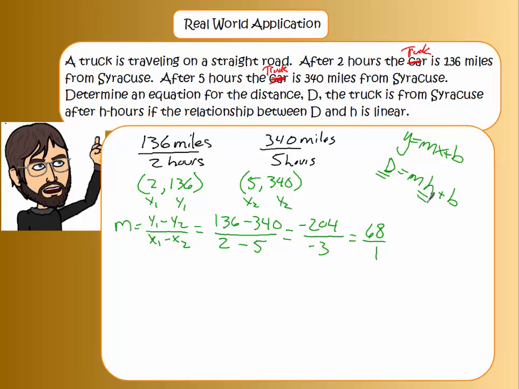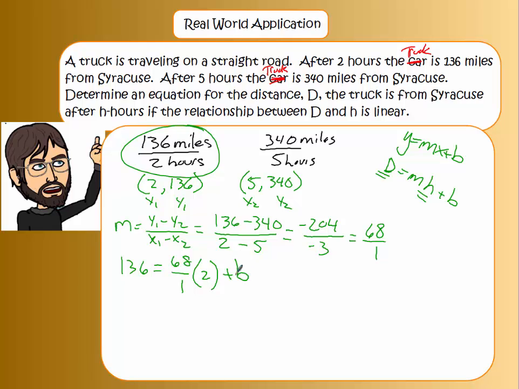Either way, I needed to find the slope and the intercept here. So let's use one of these points and plug it in. The distance of 136 miles, and the slope here is 68 over 1. I'm using this point here, 136 miles in 2 hours, so that's 2 hours for the time.